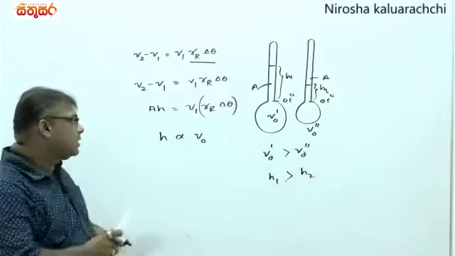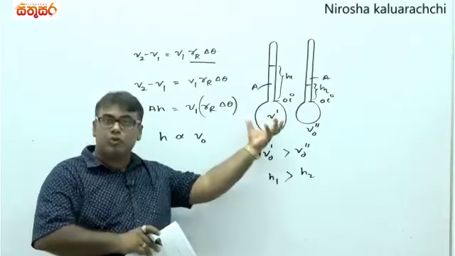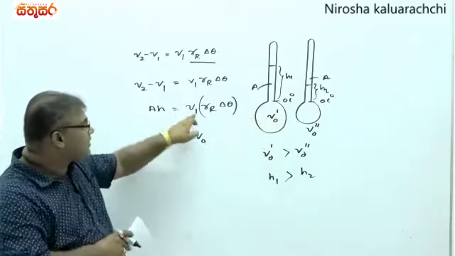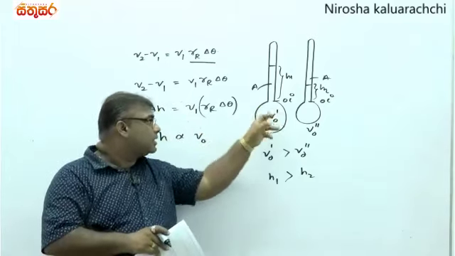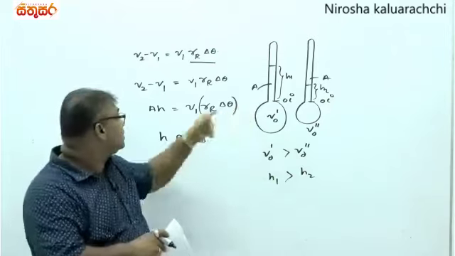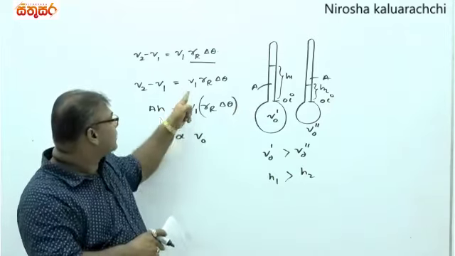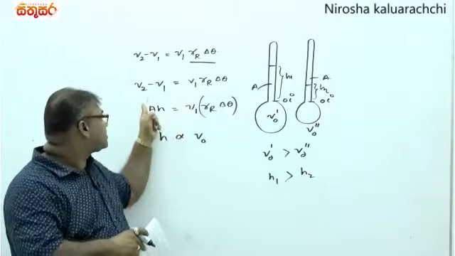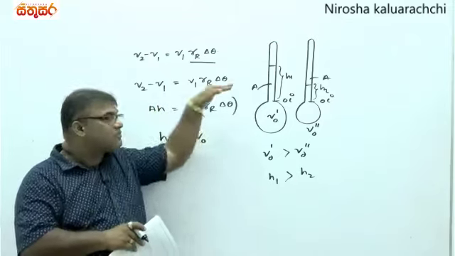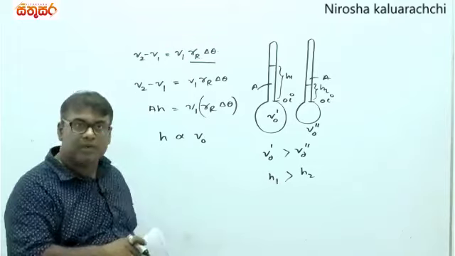If we have a large volume of the mercury bulb, the initial volume of mercury is large. If the initial volume is large, expansion should also be large. Expansion large, then the rise of the mercury column should also be large.